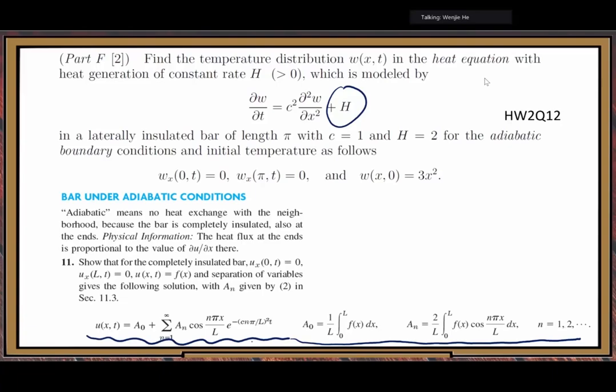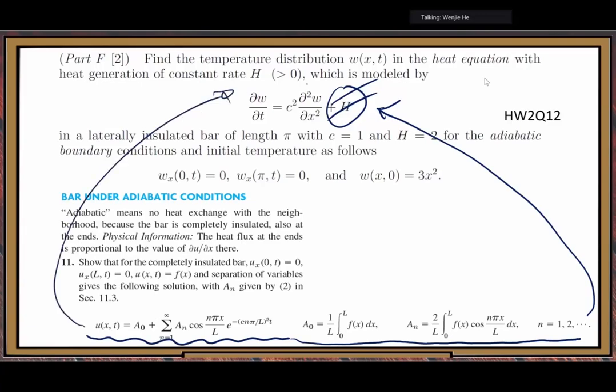Because this formula is for the version without this capital H term. Okay? This formula, given in the textbook, is for the version without that capital H term. No capital H. Now, with capital H, you need to do some special substitution.